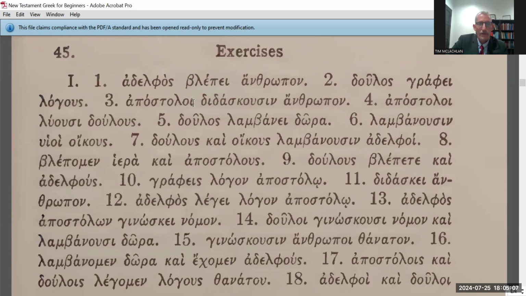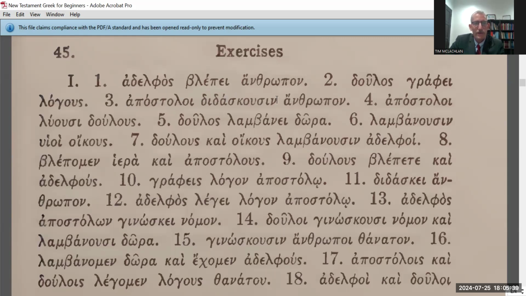Apostoloi, omicron iota, that tells you this is the nominative plural. And then didaskusin, remember that's the verb form, and you have this third person plural. And that matches with these apostles. See, this is plural as well. And so we have a plural number of apostles, could be even just 2 or 3, but let's just say apostles.